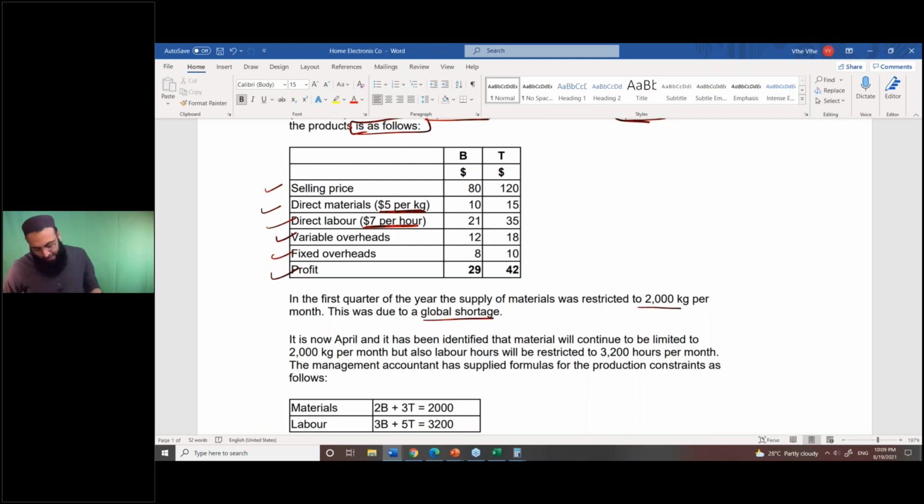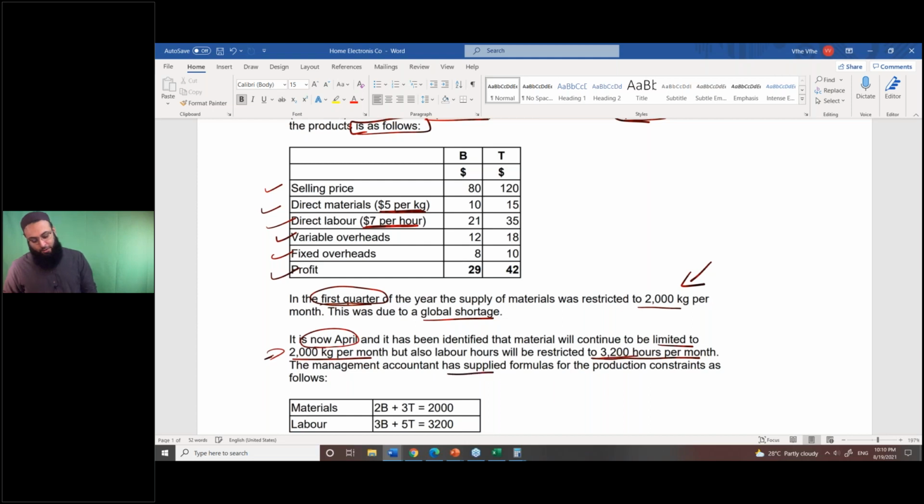It is now April and it has been identified that material will continue to be limited to 2000 kg per month, but also labor hours will be restricted to 3200 per month. So in the first quarter, only material was the limiting factor. But now in April, this remains the same, but also there is a restriction on labor as well.